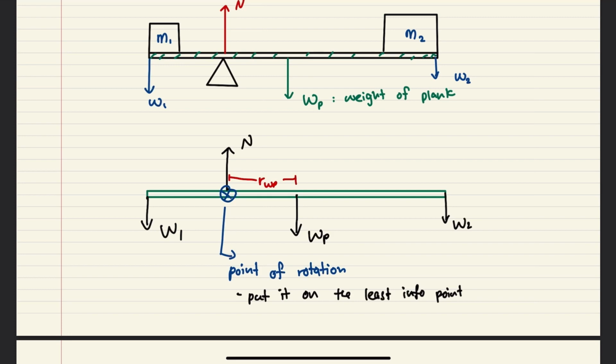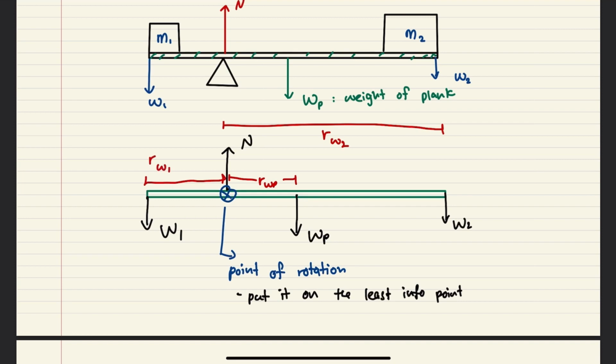For W2, the R is this distance over here. And for W1, it is the distance over here. Sorry, I put this one wrongly, it should be R W1.